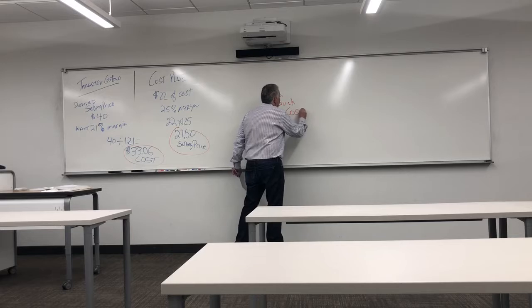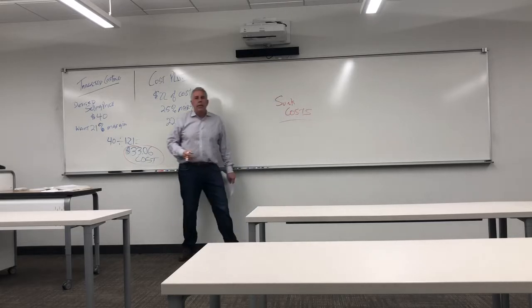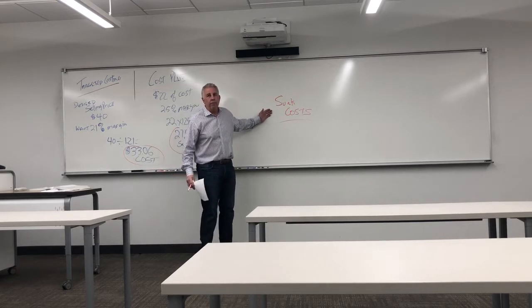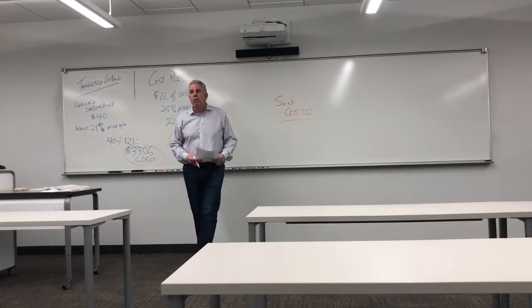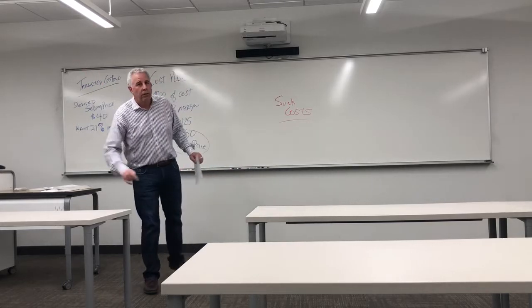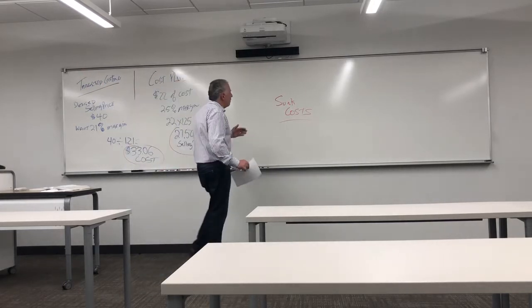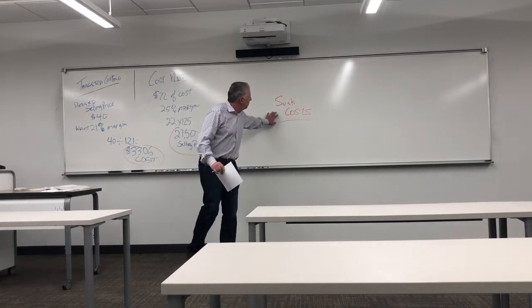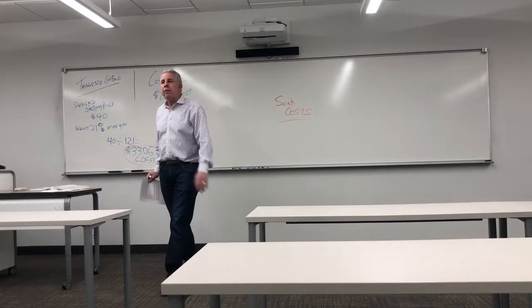Sunk cost. Think of the sunk cost as a pizza oven. Okay, so we got a pizza oven over at Rocco's, down a block from Casey's on Gardner Avenue in Naperville. And we've got sunk cost, the pizza oven.